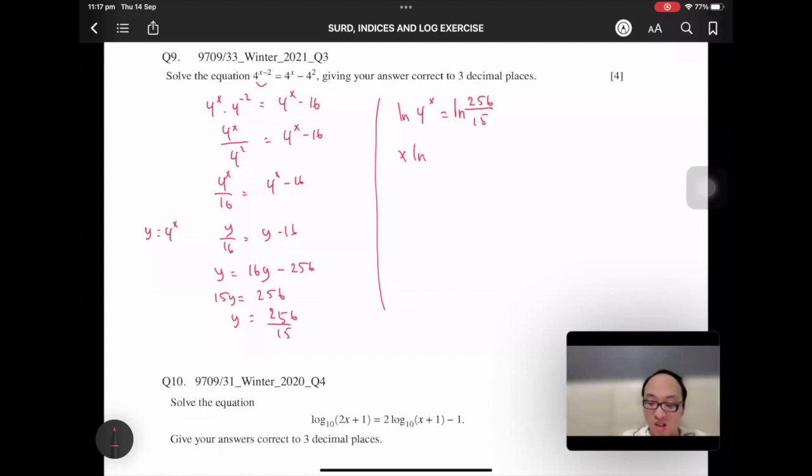So x ln 4 equals ln 256 over 15. So x is ln of 256 over 15, over ln 4. So that means it's 2.047, 3 decimal places.